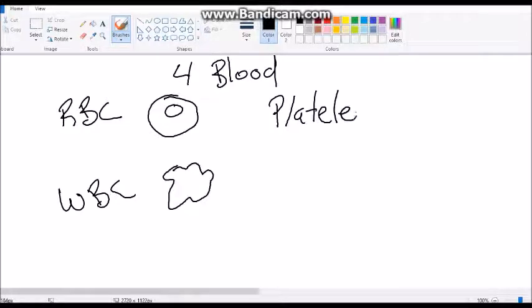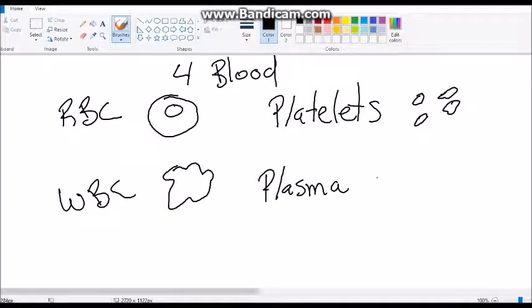Then the next one is platelets, sort of shaped like that. They're responsible for clotting. So whenever you cut yourself, you don't bleed out, right? Your body's able to heal itself. These little guys are partially responsible for why you're able to heal. And then the last one is plasma. The plasma is the watery part of your blood.